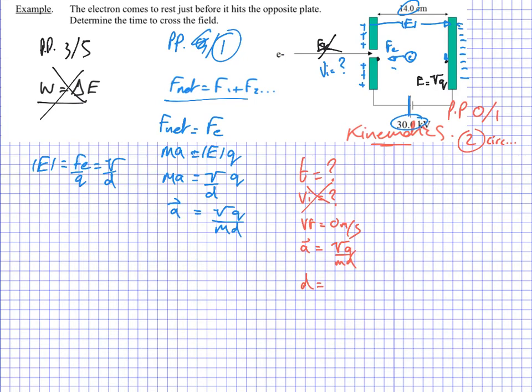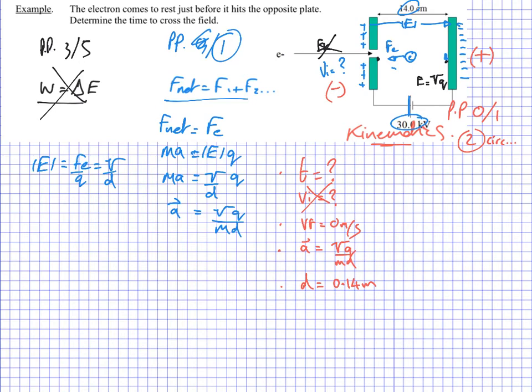If we say that this side of the sheet is positive and this side is negative, just in terms of convention of kinematics, then my displacement is 14 centimeters, so 0.14 meters. Okay, so I can use a kinematic equation. I've got 1, 2, 3 values, and I'm solving for the fourth. That's kind of the rule with our kinematics equations.